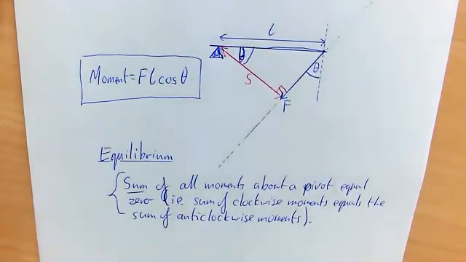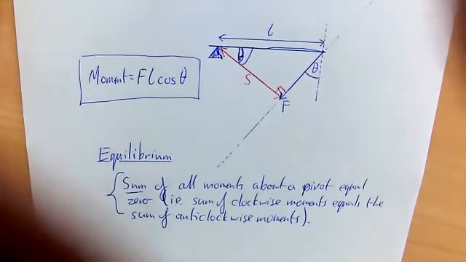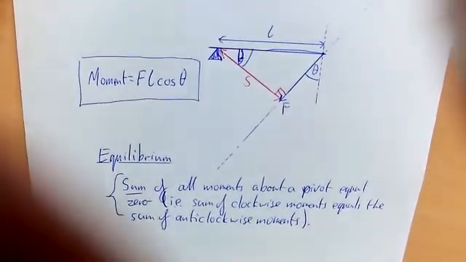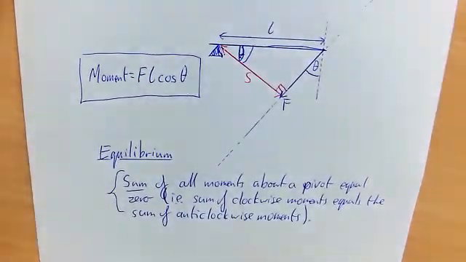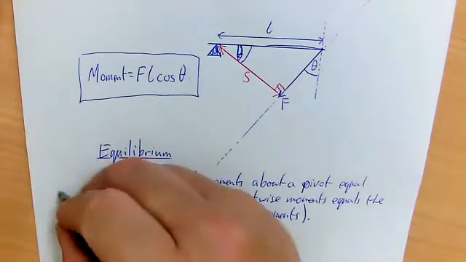So if you want to give a very complete definition of what equilibrium is, that's your definition right there. It is the sum of all moments about a pivot equals 0, which means that the sum of clockwise moments equals the sum of anti-clockwise moments for equilibrium. It's called the principle of moments.